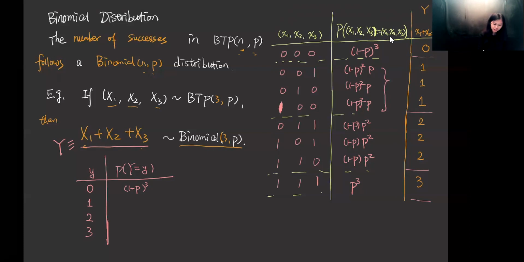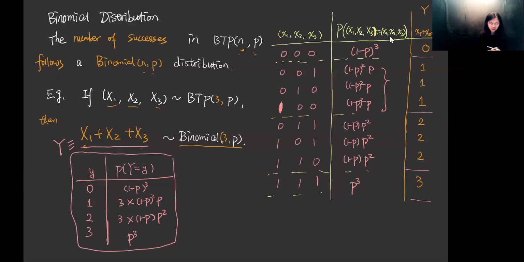So the probability that Y equals 1 is 3 times 1 minus p squared times p. Same thing for Y equals 2, which is also 3 outcomes. And the probability that Y equals 3 corresponds to 1 outcome, which has probability p to the power 3. So this is the distribution of a binomial 3, p random variable.